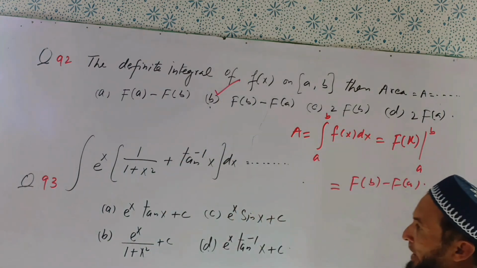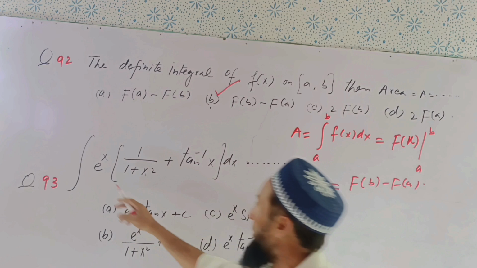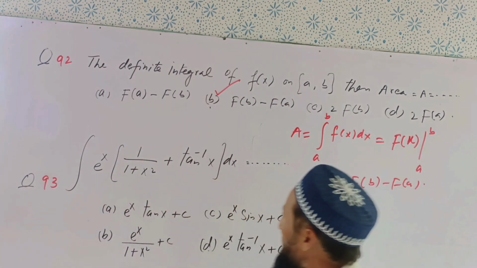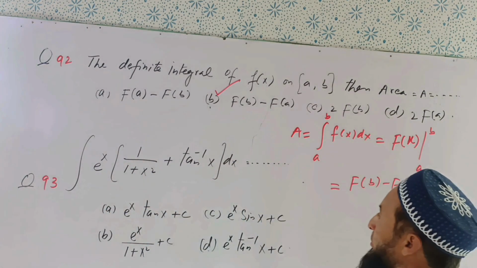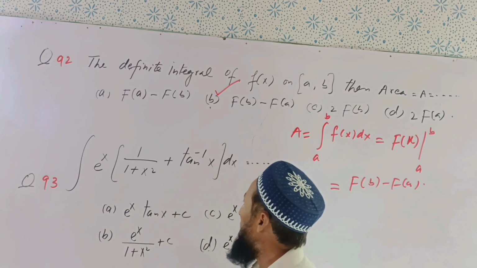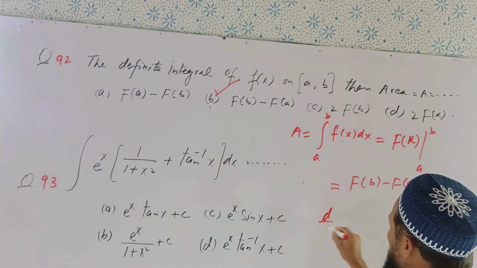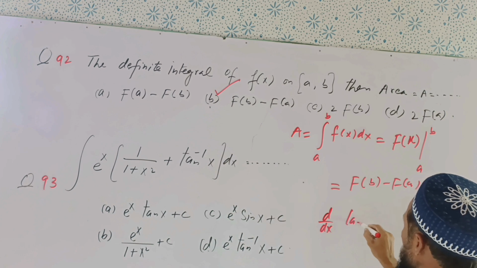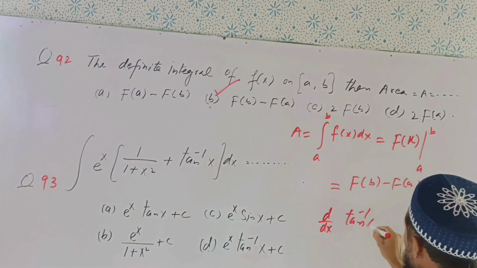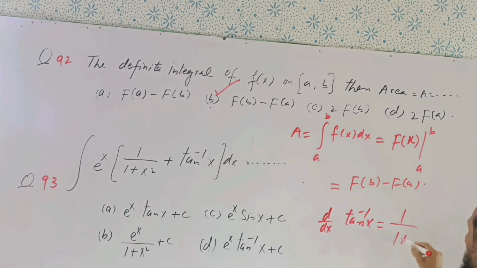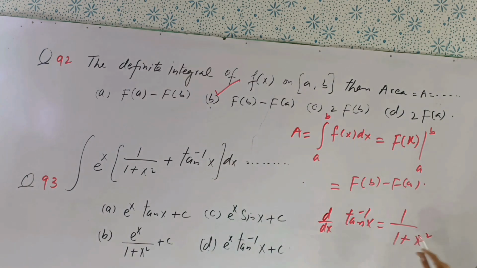Question number 93: integration of e power x into 1 divided by 1 plus x square plus tangent inverse x. Look here, we know that the derivative of tangent inverse x is equal to 1 divided by 1 plus x square.